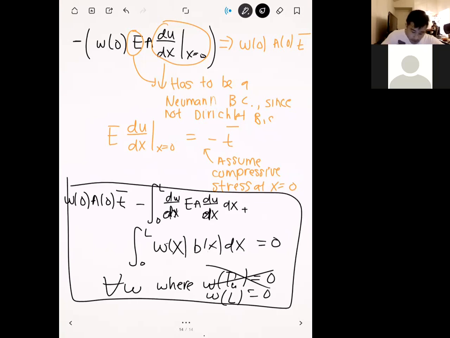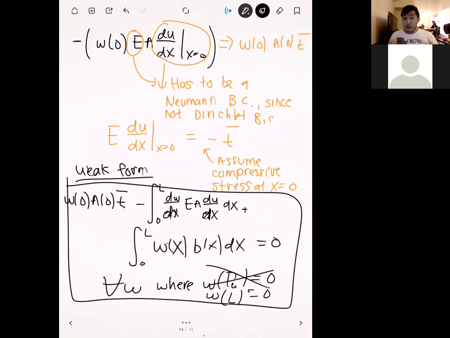And this, what I have boxed right here, is the weak form of our boundary value problem. We're out of time, but I want to make one observation about this weak form: because of the way that we define W and because of the integration, our boundary conditions are all baked into the same expression.